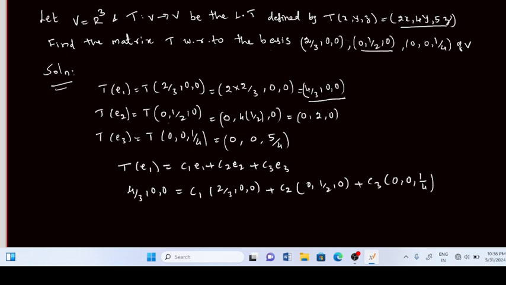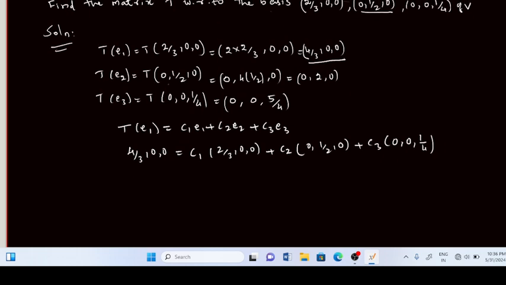So if we multiply this, we get 2 times C1 by 3, and here C2 is 0 if we multiply, and C3 is 0. So we must add the x elements.